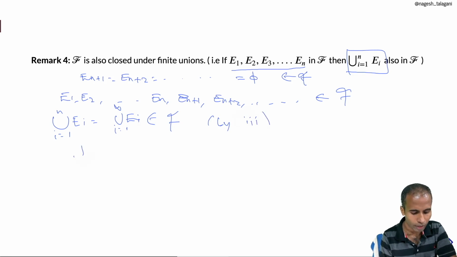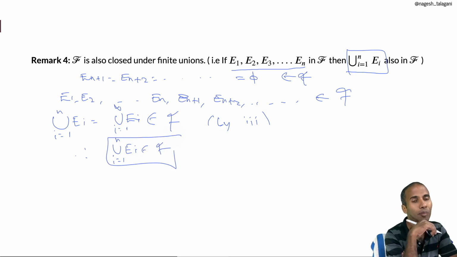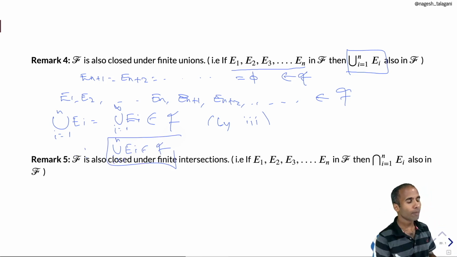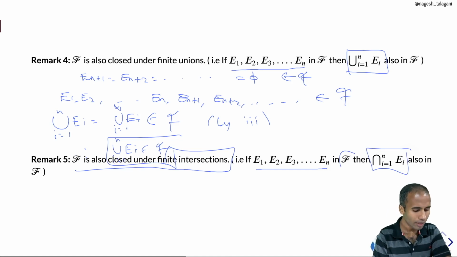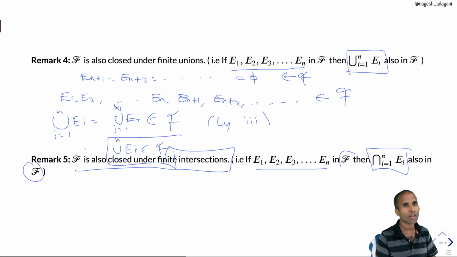Therefore, the union from i equal to 1 to n of Ei must be from the sigma field. That's why the sigma field is also closed under finite unions. Similarly, remark 5: the sigma field is also closed under finite intersection. That means whenever E1, E2, and so on up to En are from script F, then their finite intersection will also be in script F. Similarly, we can show this.